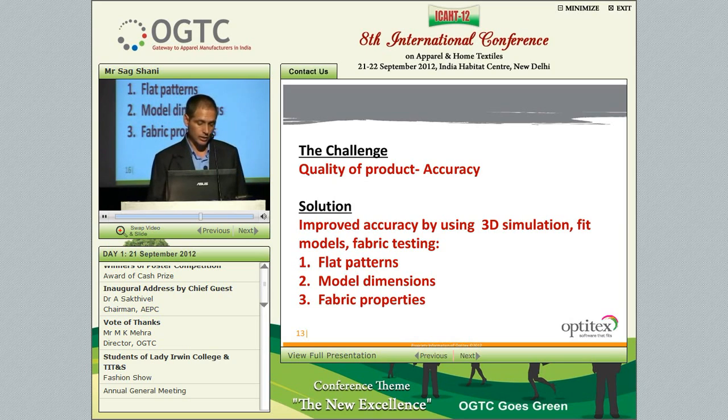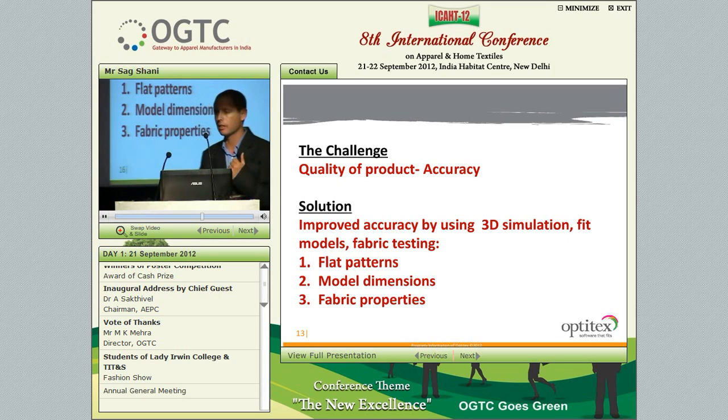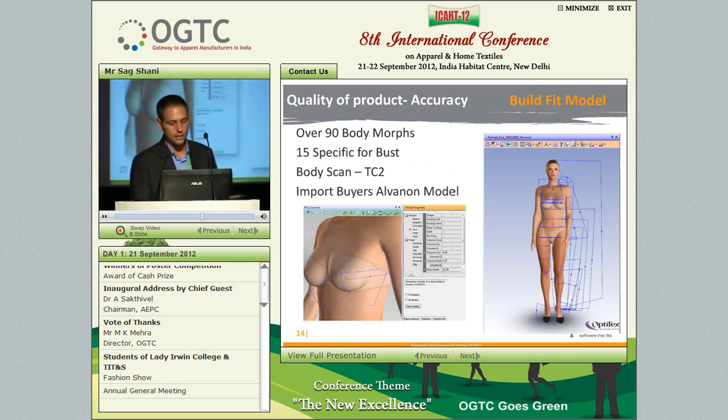The other important factor is the model dimension or the mannequin dimension. As we explained, we can take it from body scanners, we can take it manually, we can simply enter those numbers. And the last one is the fabric properties, the physical characteristics of a fabric, whether it's the bending, the stretch, the shear analysis. Those are all important factors.